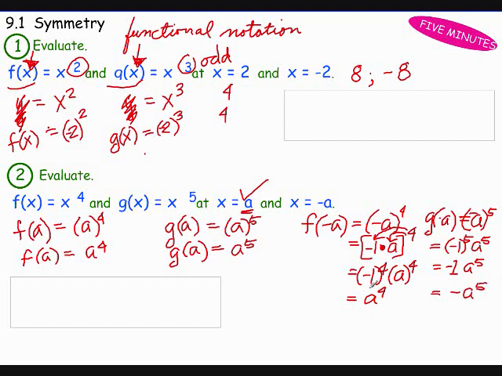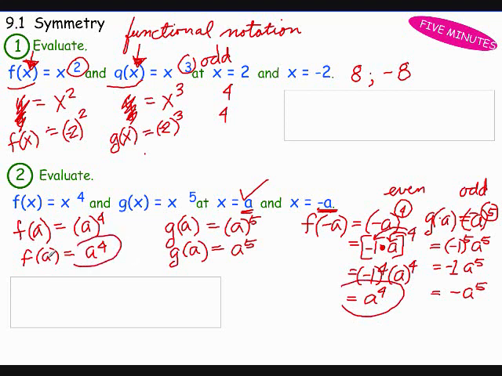Interesting, isn't it? So this was an even exponent, and this was an odd exponent. The even exponent made it so it didn't matter whether I put in a positive a or a negative a, I still got the same answer. Right here it is.